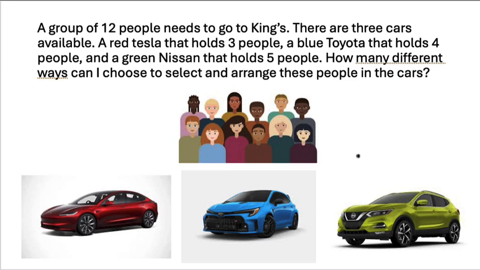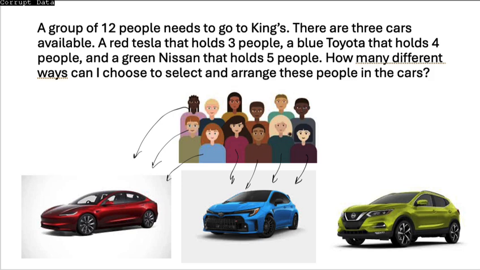So how many ways can I select and arrange, right? For example, I could have chosen this guy and this guy to the Tesla, then this one and this one to the Toyota.